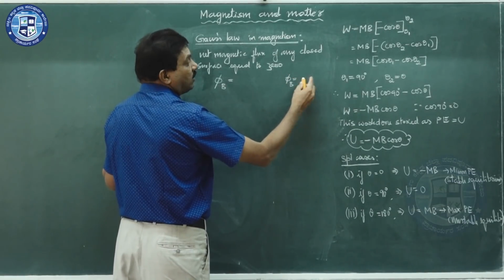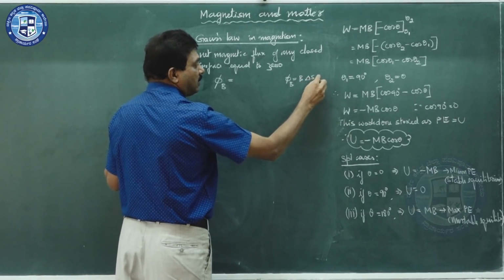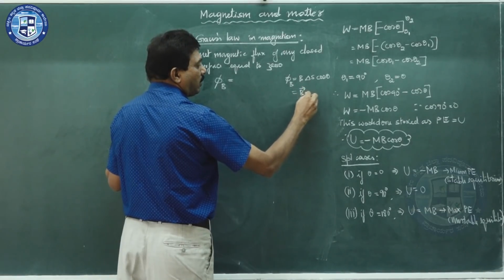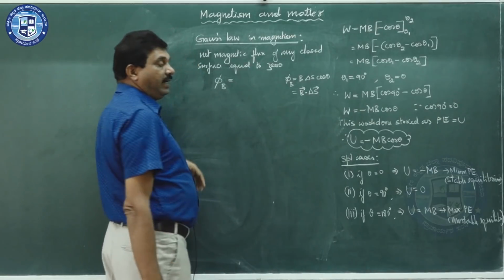Magnetic flux is given by B delta S cos theta, or it is the dot product between the magnetic field vector and the area vector.